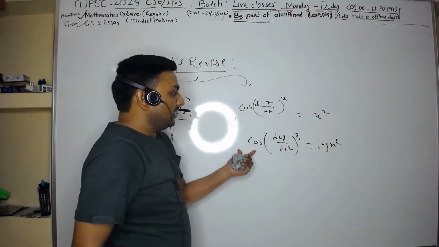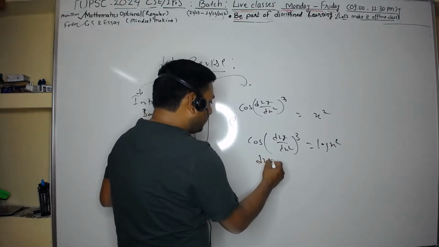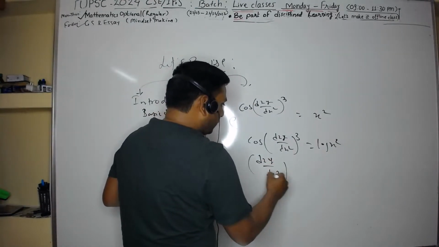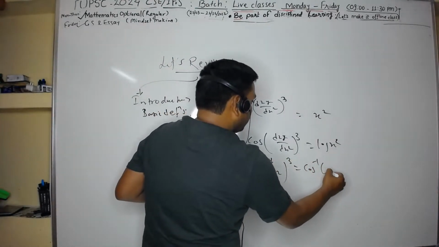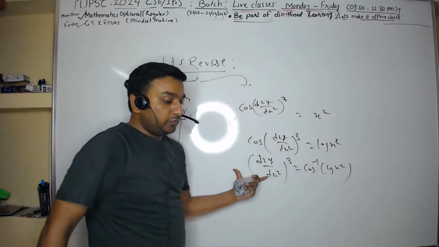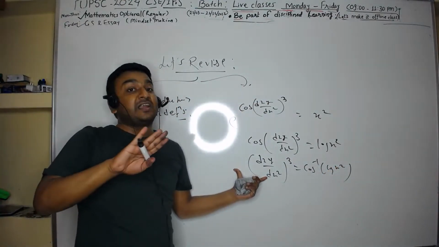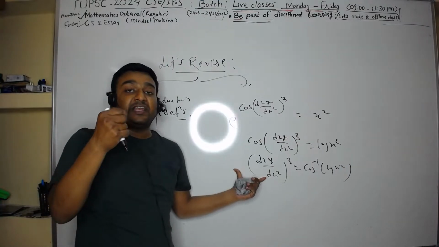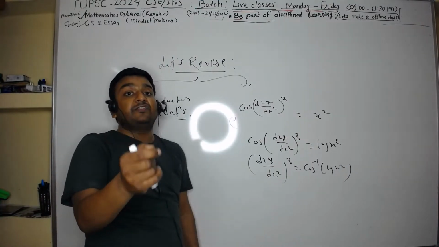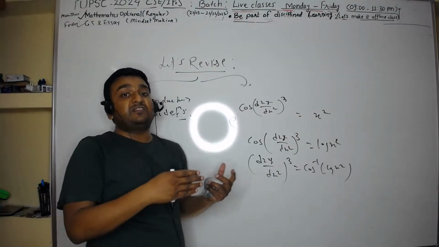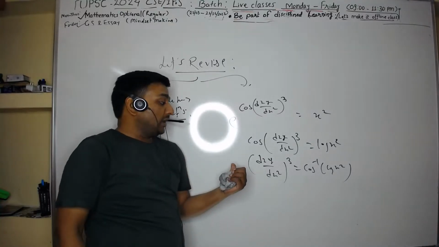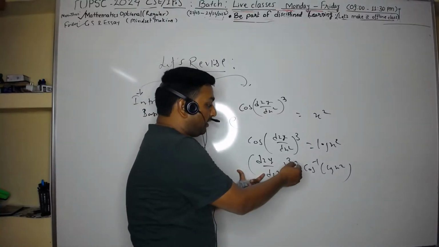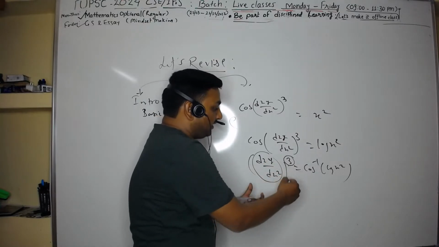But here, if I make this derivative as (d2y over dx square) ka whole cube equals cos inverse of log x square, so this differential equation is radical free now. Means derivatives are not functions of logarithmic, exponential, trigonometric and all. Now you can tell what is the maximum power of the maximum order derivative, and that is the degree.